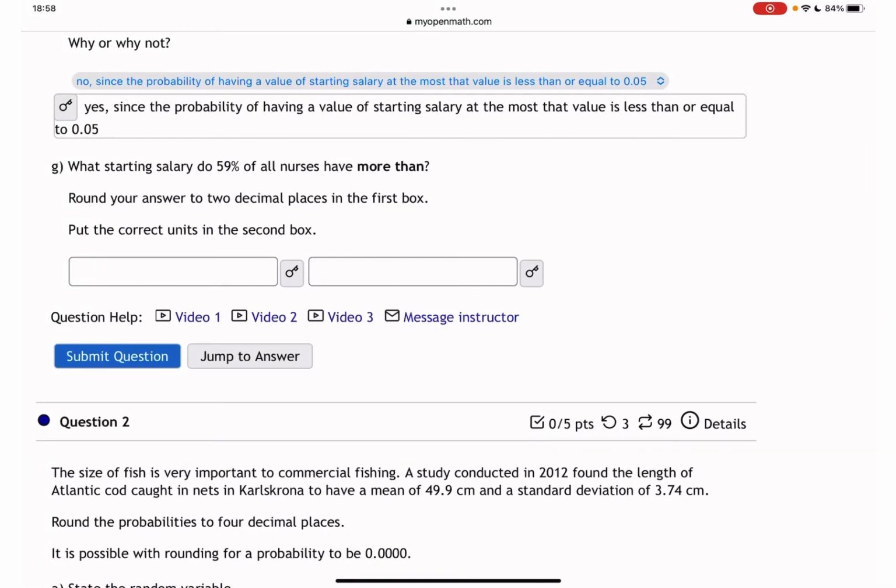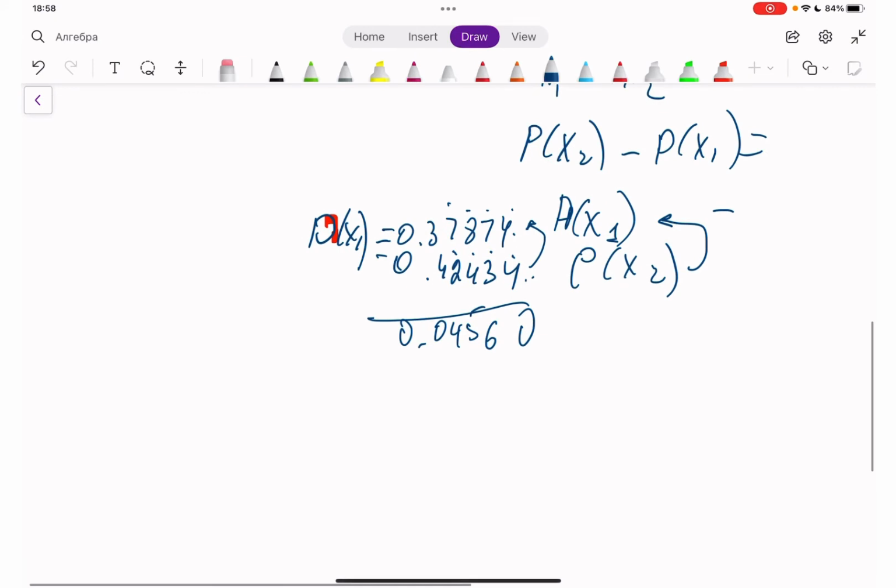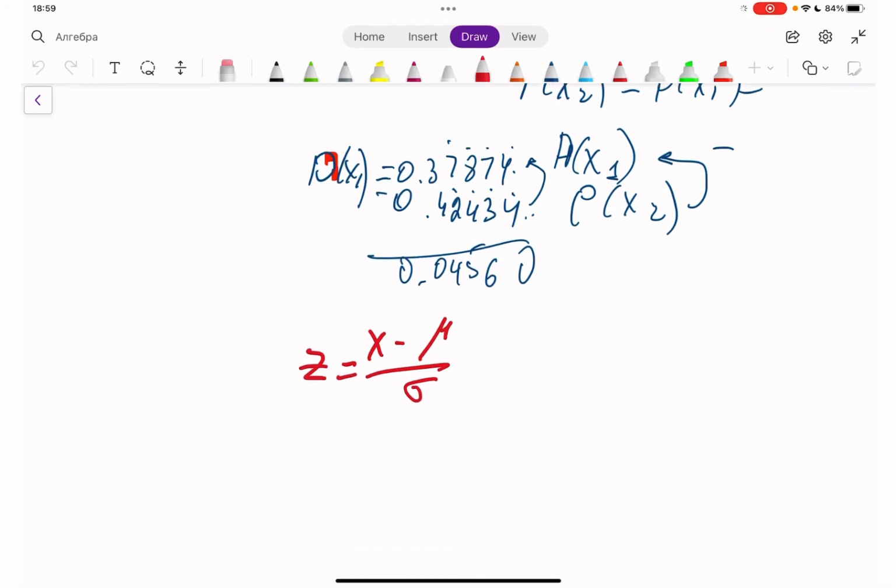What starting salary are going to have nurses that get more than 59%? So we took 41, right? We found z-score, and now let's see how we're going to calculate. If our z-score is equal x minus mu over sigma, then from here, salary, it's value of x. From here, x is going to be equal z times sigma plus mu.